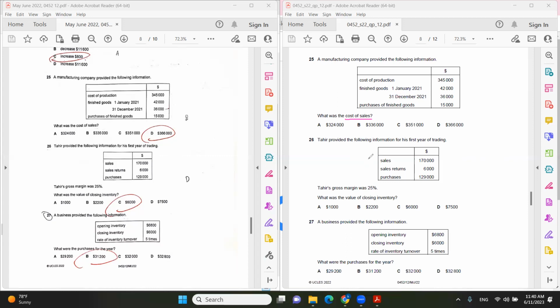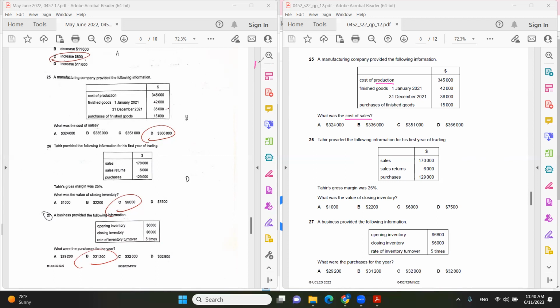In MCQs, sometimes they will mix and rearrange the question, change a little bit here and there for the variant. Here, cost of sales is how much? Let me see what the information is. This is manufacturing cost of production, finished good.